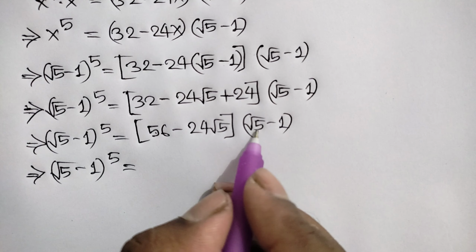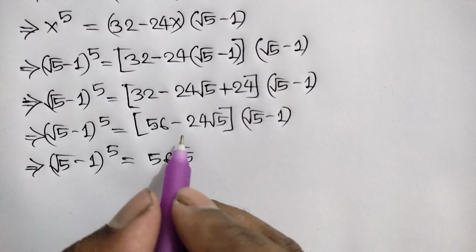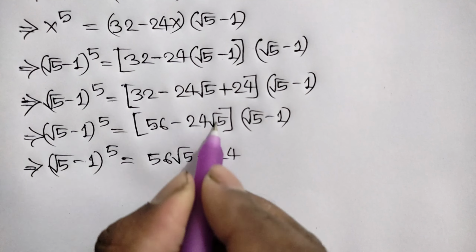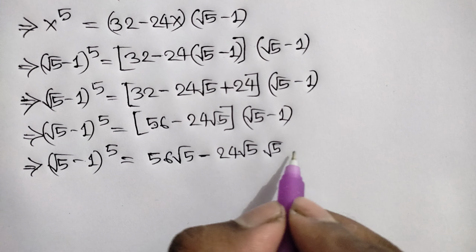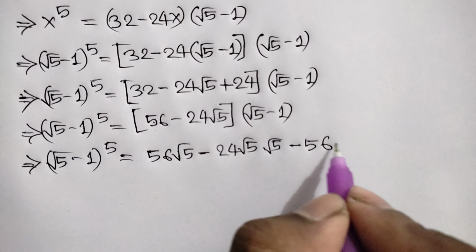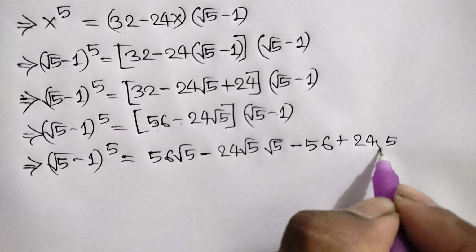Now 56 times √5 is 56√5, minus 24√5 times √5, minus 1 times 56 is 56, minus times minus is plus 24√5.